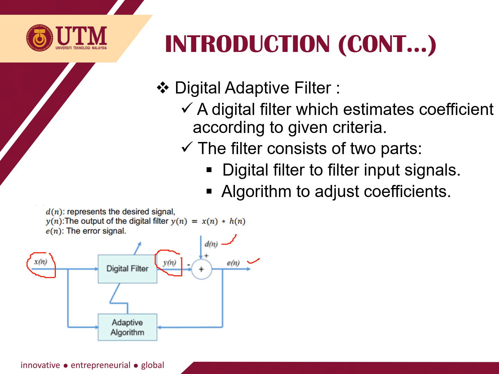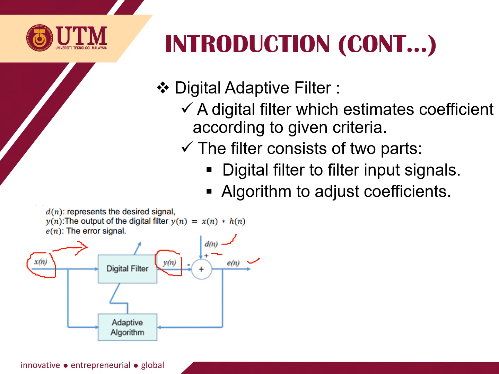So first, the input signal Xn will be detected by an input component, for example, a microphone, and it will be driven to the input of the digital filter. Once the signal has been filtered, the output Yn will be subtracted from Dn here to get the error signal En.